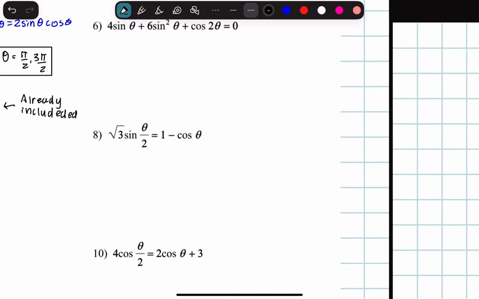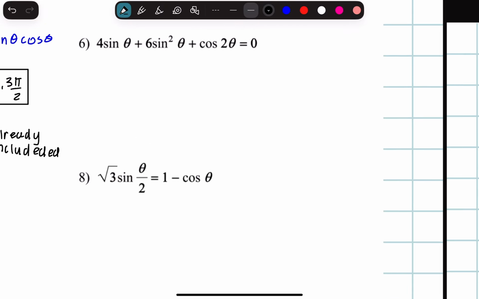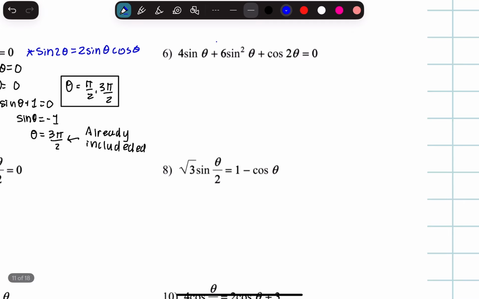Now let's move on to the next question. So we have 4 sine θ plus 6 sine squared θ plus cosine 2θ. Now we can use again another identity: cosine 2θ is equal to 1 minus 2 sine squared θ.